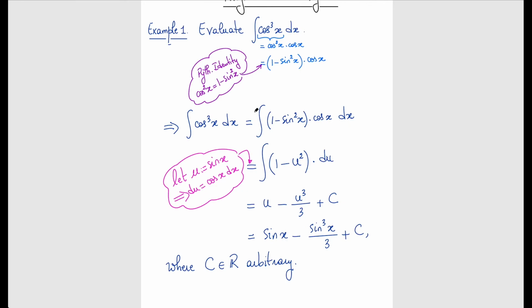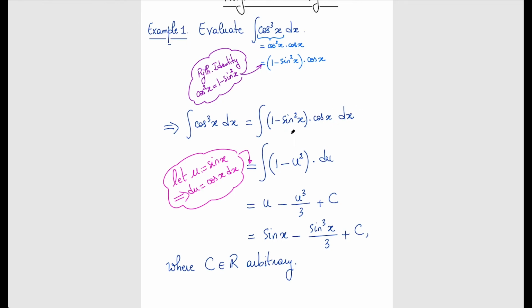In parallel, if we have powers of sine, we can pull out only one of the sine factors. So instead of cosine, we pull out a sine, and the remainder of the expression is in terms of cosine, and then we set u to be cosine, and du becomes negative sine x dx.